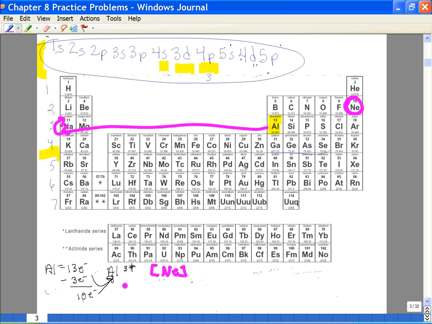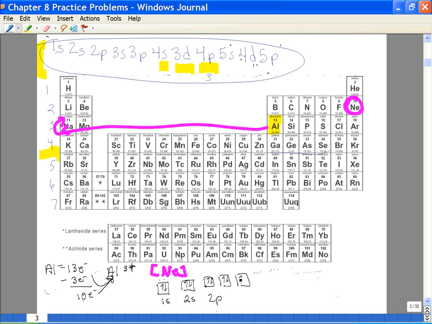We've got 1s with 2 electrons there. We've got 2s with 2 electrons. And then we've got 2p that has 6 electrons. So that's a total of 10 electrons. And 10 electrons looks like that.